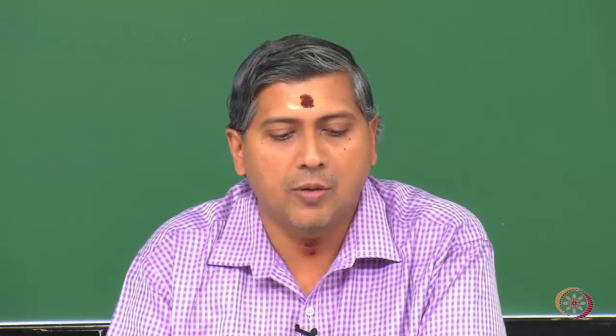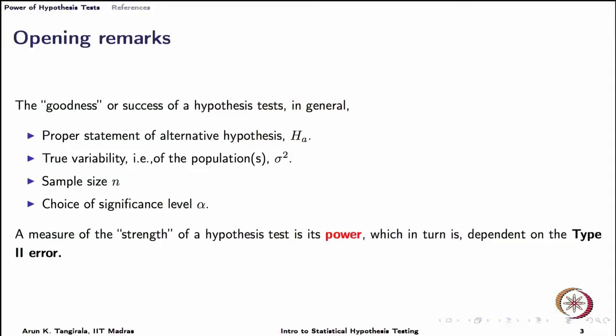Again, from an experimentalist viewpoint, there is hardly any control on the true variability. Maybe one could choose, for example, a sensor with high precision if the source of variability is due to the sensor. But by and large, the variability that we are talking about is not of the sensor, but of the process itself, which we do not have much control over beyond a certain point.